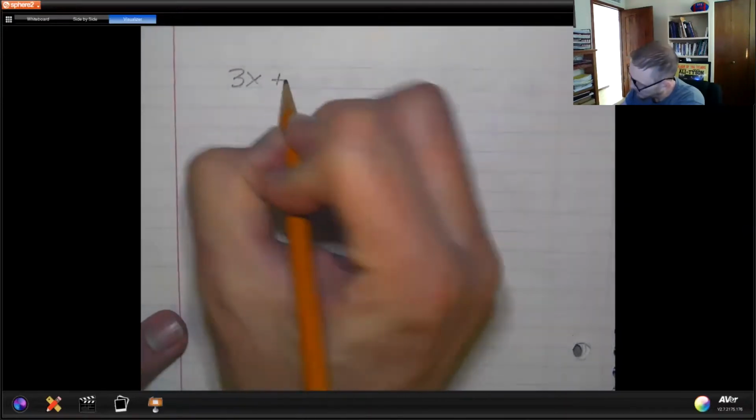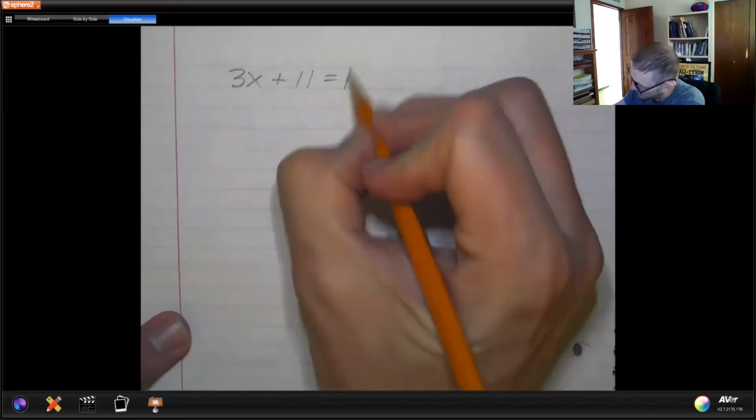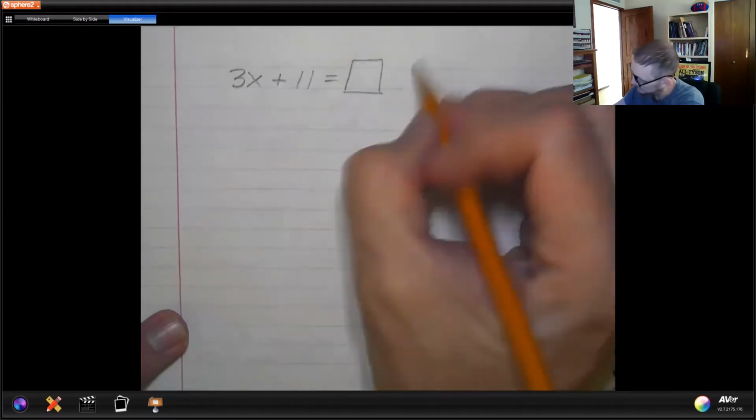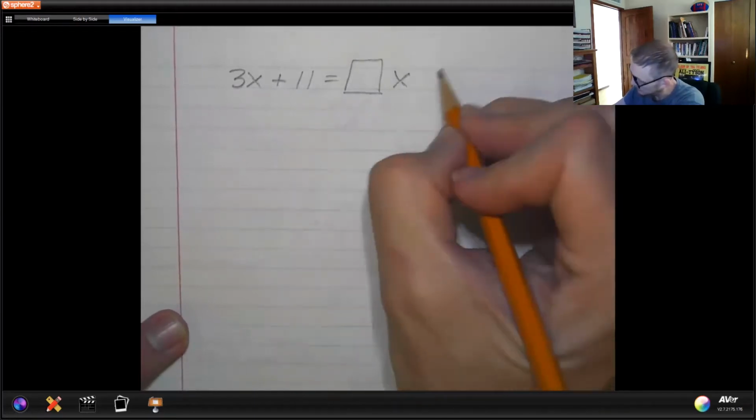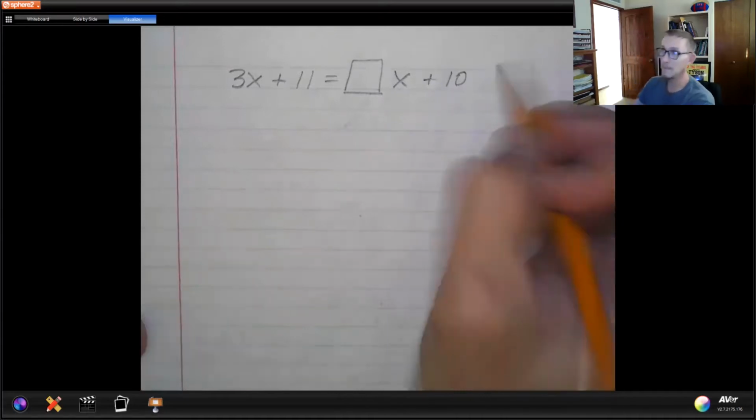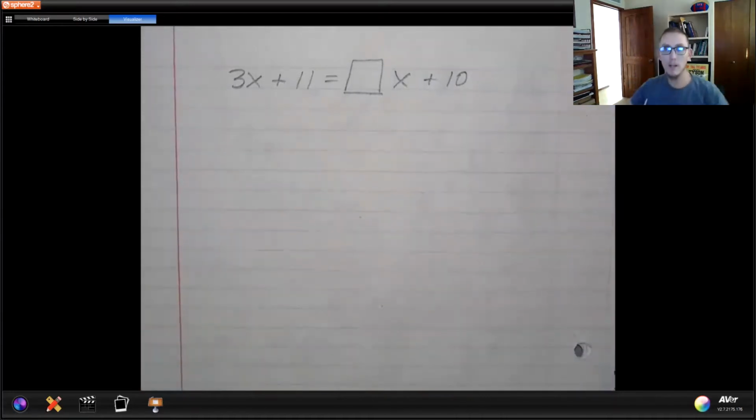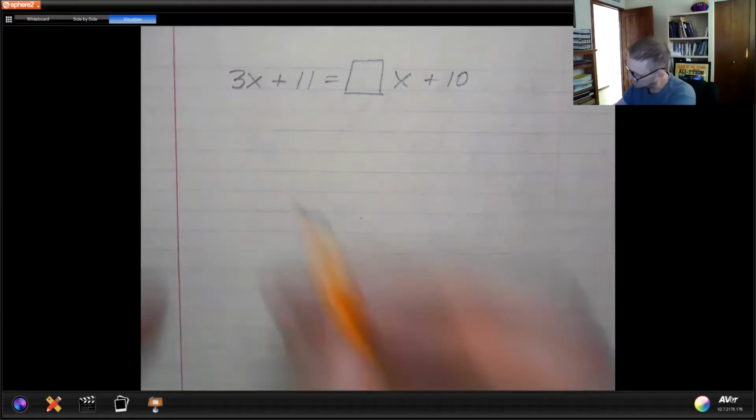So what you're going to be given is something that looks like this. It's going to say 3x plus 11 equals some blank x plus 10. And they're going to want you to plug a number into that blank. Now, depending on the question they ask you, will impact the number that you put there.